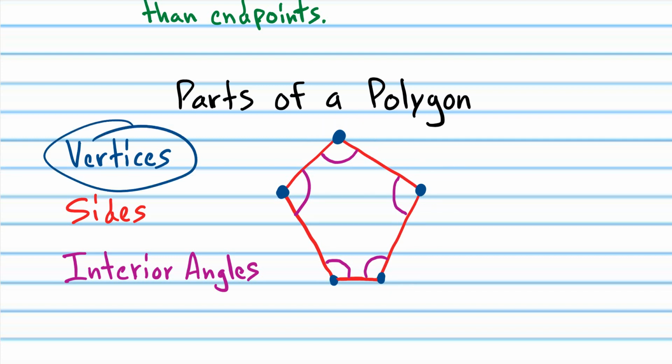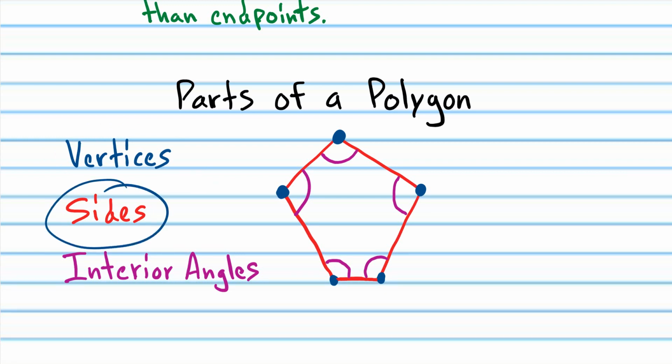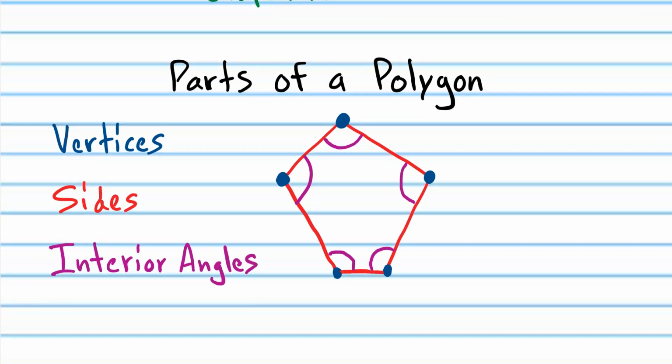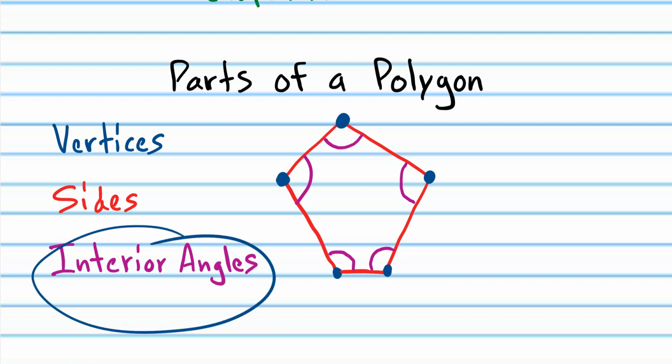That's the plural form of vertex. The sides obviously are the segments, and those purple arcs are the angles of the polygon. Later on in this course, we're going to learn the exterior angles. These are interior angles of the polygon.